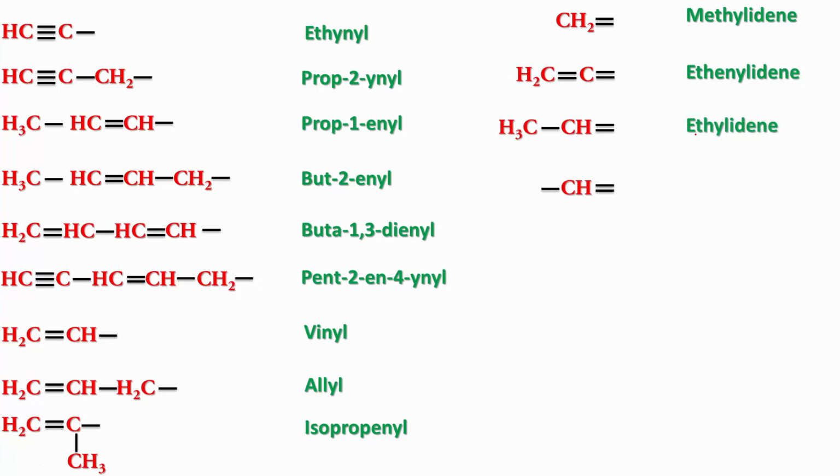Alright, how about this one? Well, this double bond is taken care of by ylidene. So this is 1, this is 2, this is 3. Forget about this double bond right now. This is prop-2-enylidene. Prop-2-enylidene.